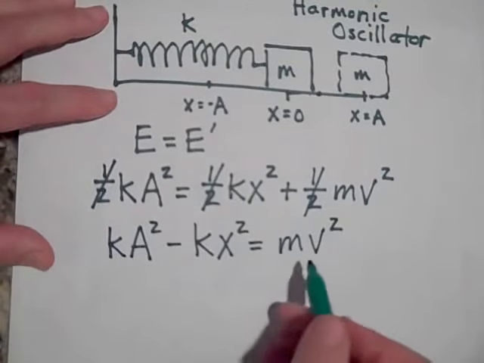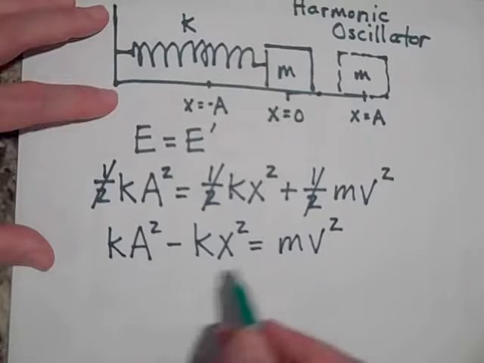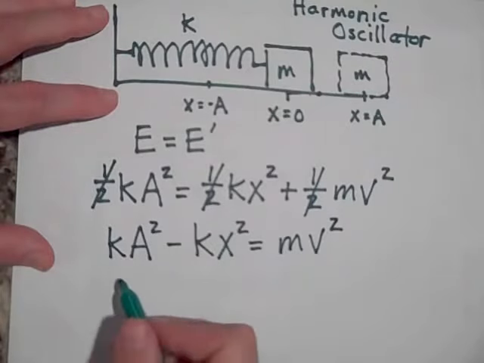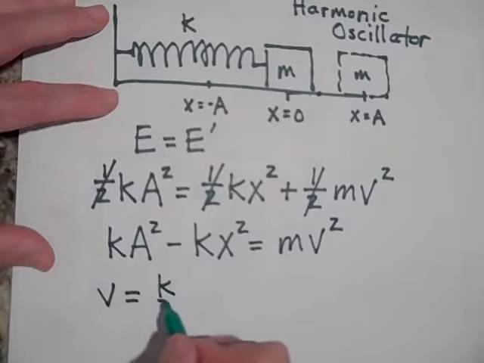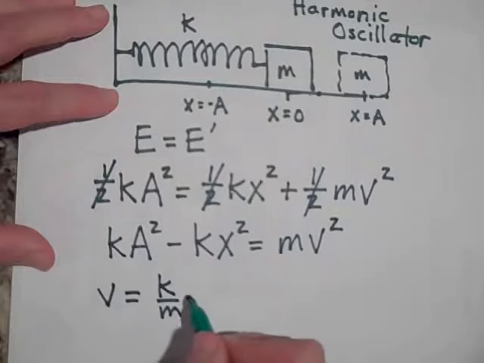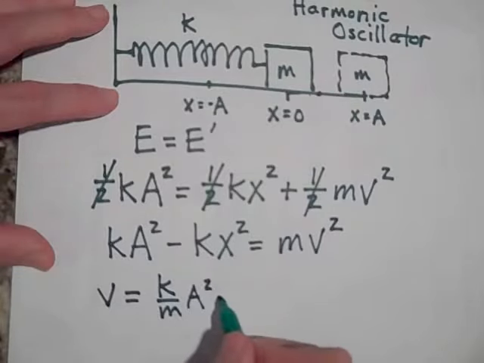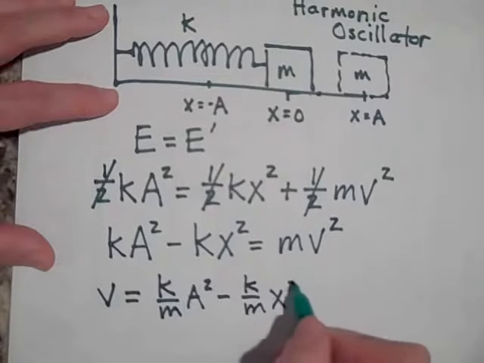And then I'll bring the m to the other side and take the square root. So that's going to give me that v is equal to the square root of k over m A squared minus k over m x squared.